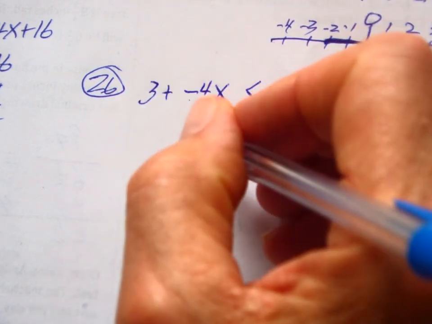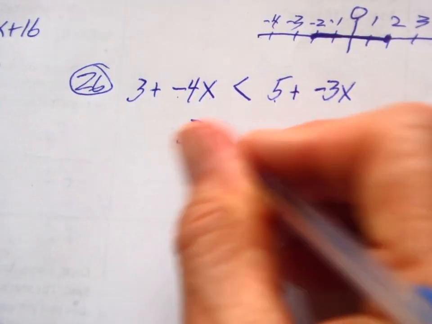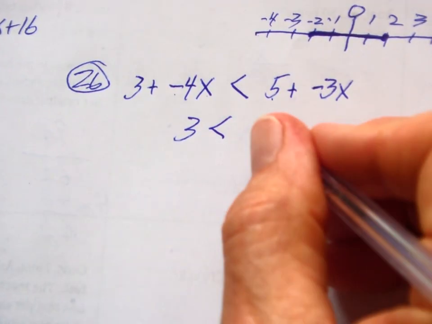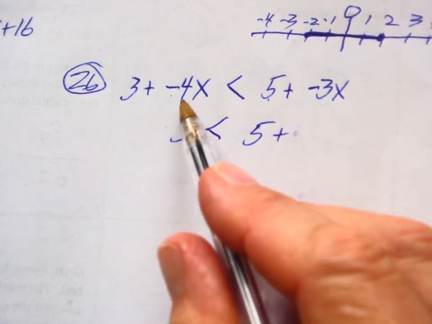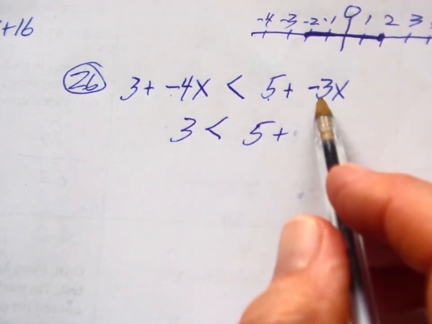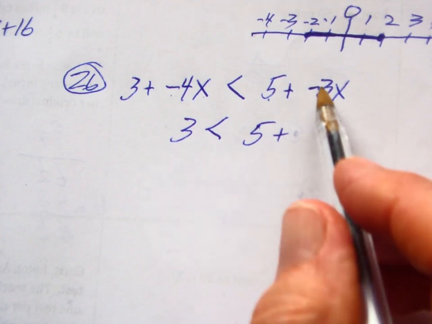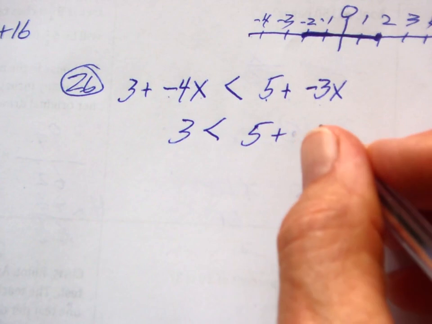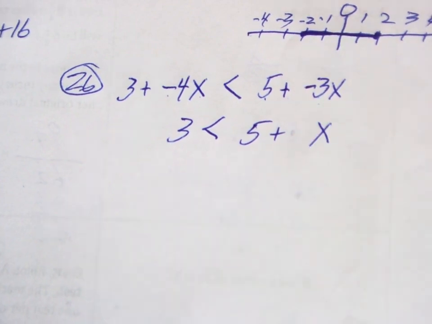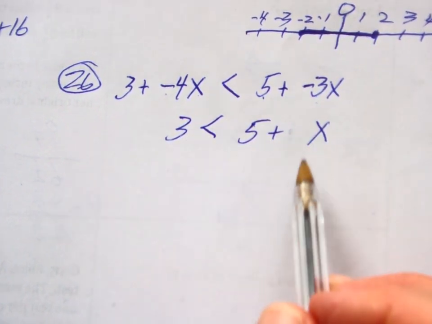That'll make this 0, and we'll be left with 3 is less than 5 plus x.